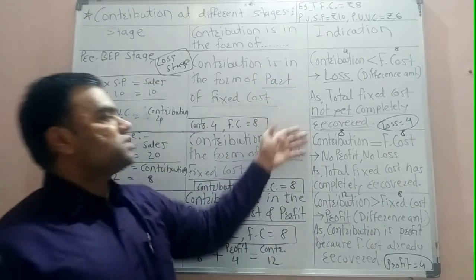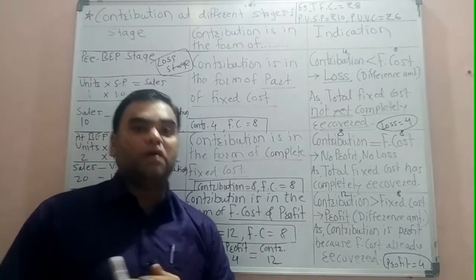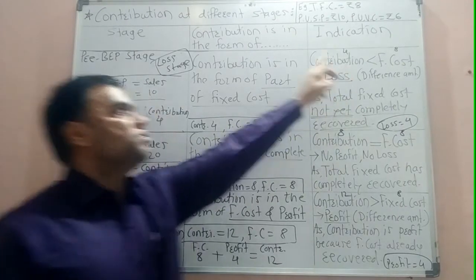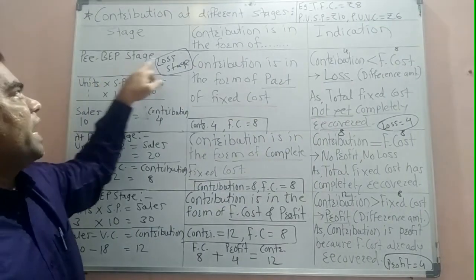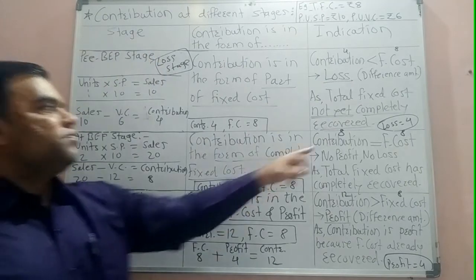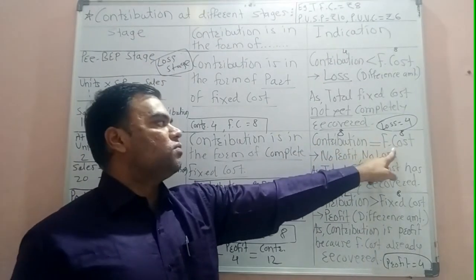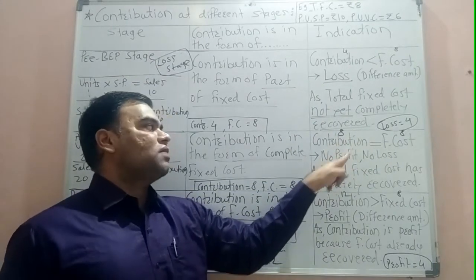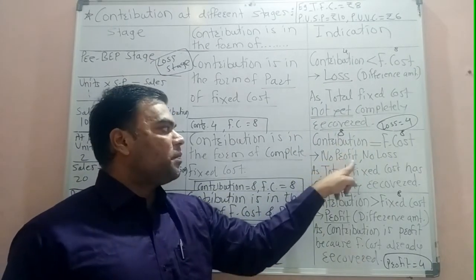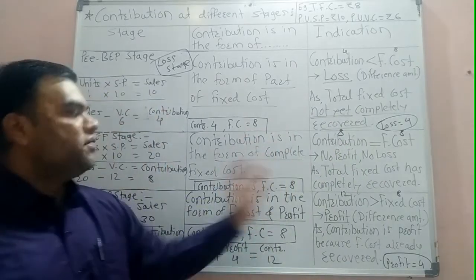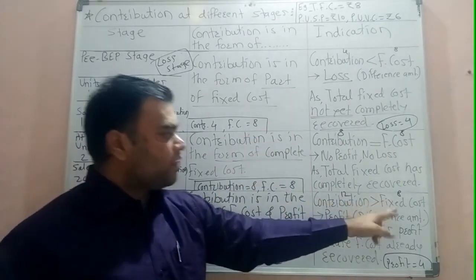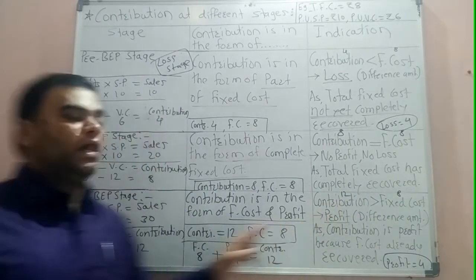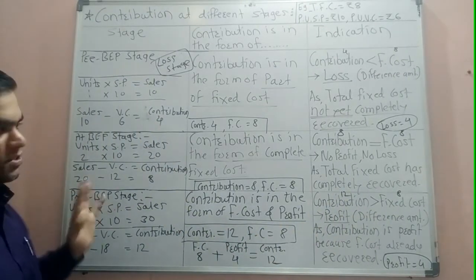By using this equation, we can understand at which stage we are now. If our contribution is smaller than fixed cost, means we are at pre-BEP stage and we are suffering loss. If our contribution is exactly equal to total fixed cost, means we are at BEP stage and we are having no profit and no loss. If our contribution is greater than fixed cost, means we are having profit and we are at post BEP stage.